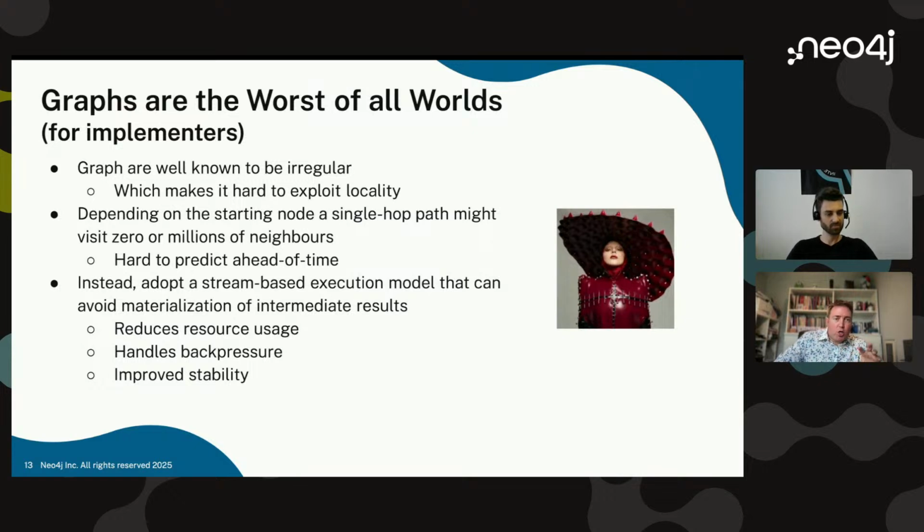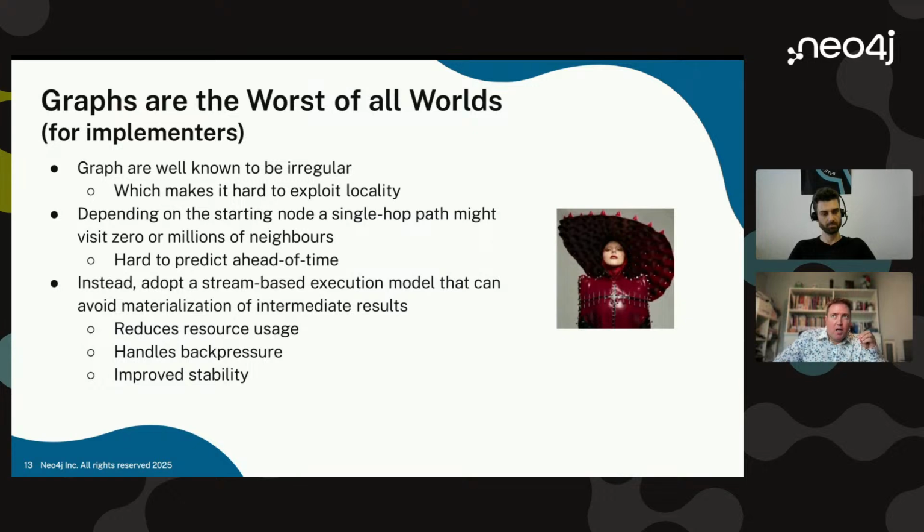So Neo4j already does that. We already know if we are about to approach a node that has lots of relationships. So we have a concept of supernodes. But the key thing is that sometimes you have to process them.